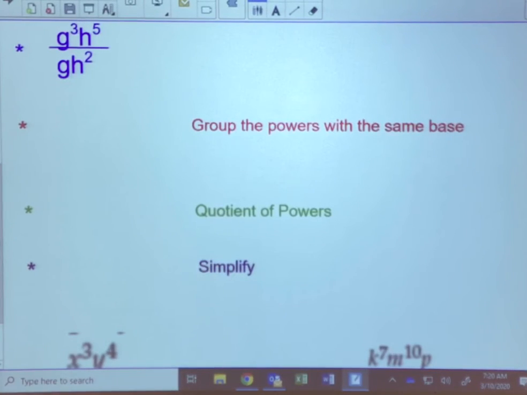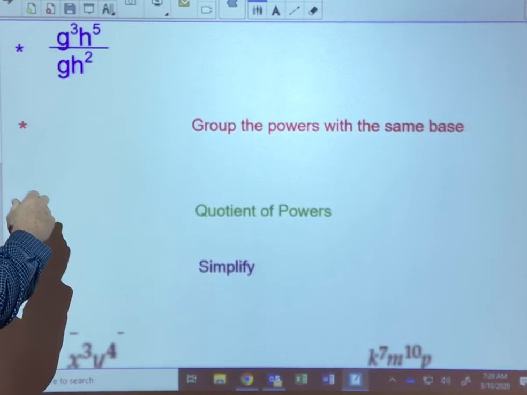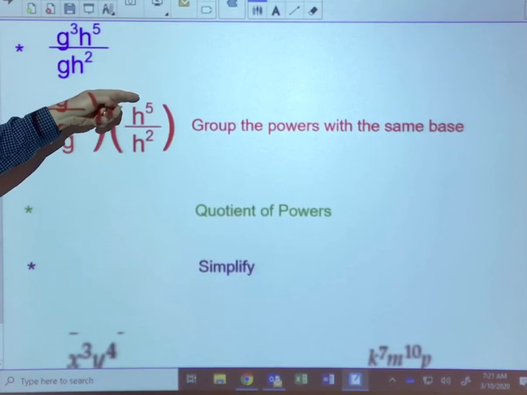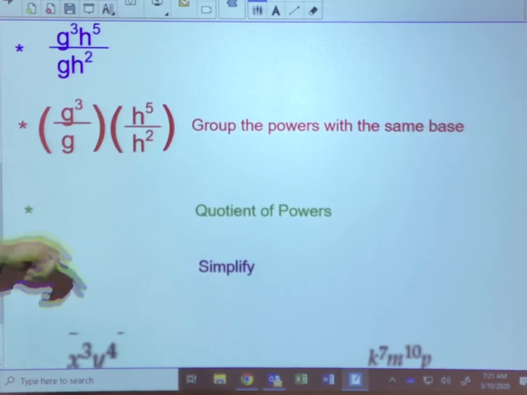Well, as we know from multiplying powers, first thing we need to do is to group our constants and our variables with the same base, or powers with the same base. We don't have any constants in this, so it's just a matter of grouping the powers with the same base. So I've grouped g to the third divided by g, and over here we've got h to the fifth power divided by h to the second power.